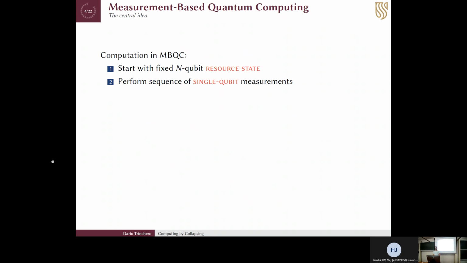The idea here is, like I alluded to, the entire computation consists of measurement. So what that means is that we're going to start by preparing a state ahead of time, and that state that we prepare is going to be independent of the computation that we're actually doing. It's called a resource state. It's independent of the algorithm. And then our algorithm, the entire algorithm, is going to consist of making a bunch of single qubit measurements on this resource state.